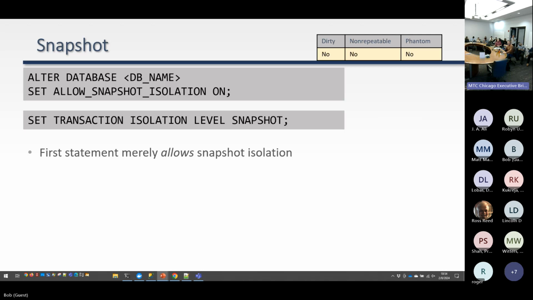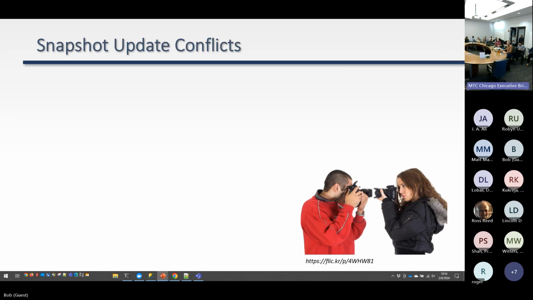Okay, now to do this, you once again have to make some database level changes. You have to allow snapshot isolation, which basically turns on the version store for this. And then you also have to say you want to use snapshot level isolation. But once you do those two things, you will be using it. Now, an interesting effect of this is what's called a snapshot update conflict. So we'll talk through this real quick here.